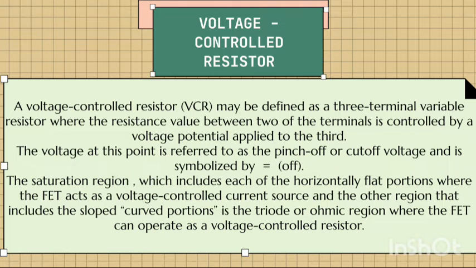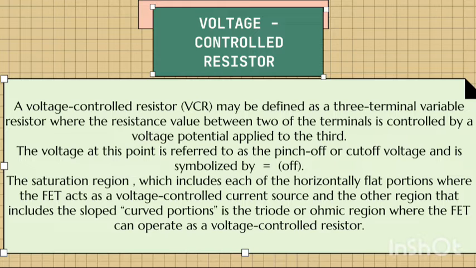And the last one is the voltage-controlled resistor. A voltage-controlled resistor, VCR, may be defined as a three-terminal variable resistor where the resistance value between two of the terminals is controlled by a voltage potential applied to the third. The voltage at this point is referred to as the pinch-off or cut-off voltage and is symbolized by VGS(off).